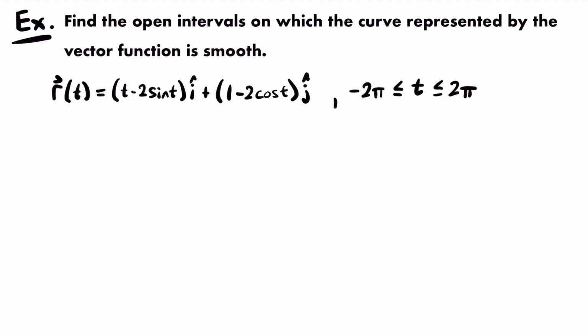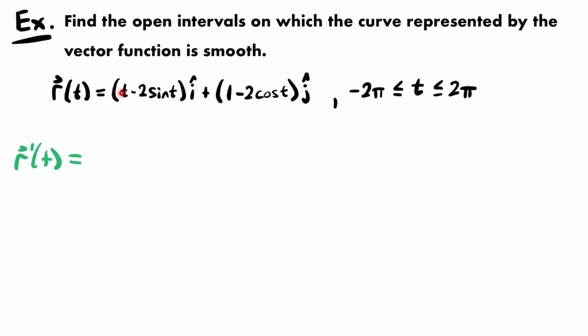Okay, so what we want to do here to determine where we have intervals of smoothness for this vector function is, first of all, take its derivative. We want to find the derivative of this vector function and see where that derivative would be equal to the 0 vector. So if we take the derivative here, we'll have r prime of t is equal to the derivative of the x component.